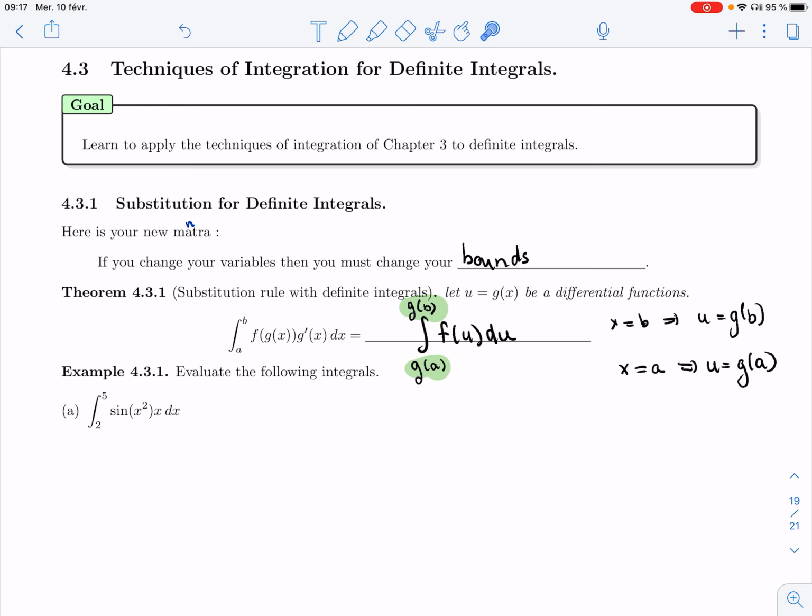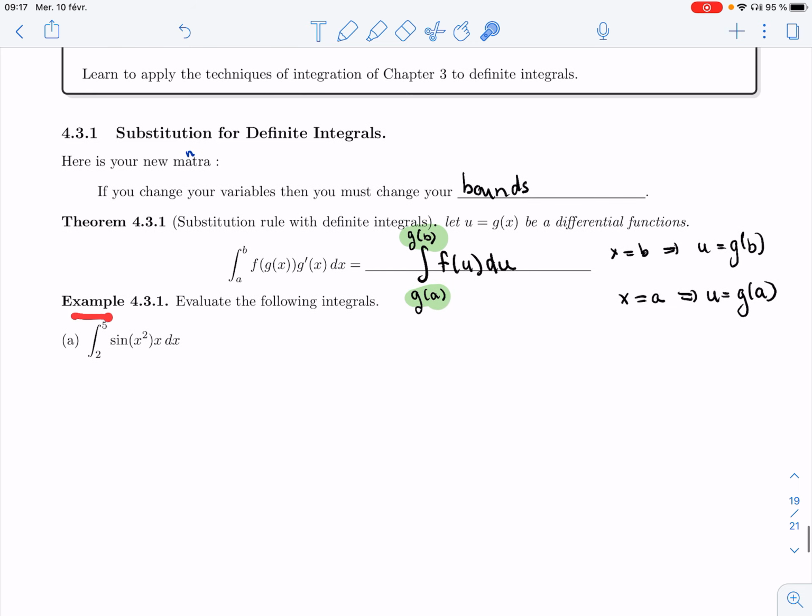All right, so let's try an example. Example 4.3.1, we'll look at two different substitutions, and then we'll do more in the worksheet. Let's say I have the integral from 2 to 5 of sine of x squared times x dx. Then the substitution I should take is u equals x squared, since that's inside a sine. The derivative will be 2x, which I sort of have.